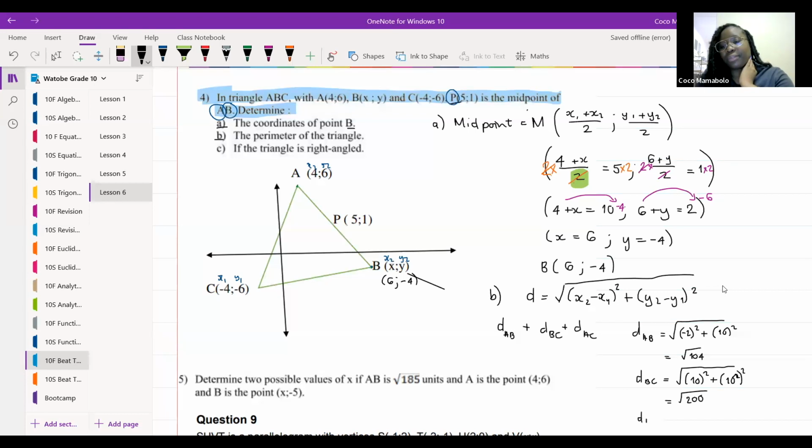And then the distance from A to C is going to give us the square root of 4 minus -4, that's going to be 8 squared, plus 6 minus -6, that's going to give us 12 squared, which is equal to the square root of 64 plus 144. That should give us 208.